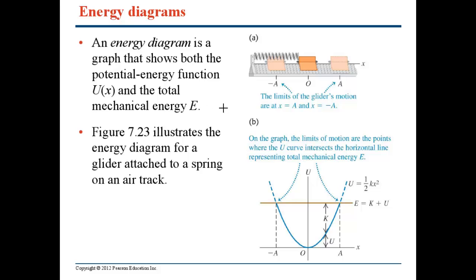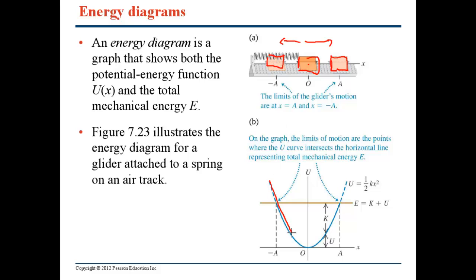For energy diagrams, what we're really doing is looking at what I've been talking about graphically this whole time. If we consider a cart on a spring that is oscillating back and forth, if the cart is way over here and it has stretched the spring out completely, it has all spring energy. When the spring is not compressed, it has all kinetic energy, and when the spring is all the way compressed, again, it has no kinetic energy, it has all spring energy.